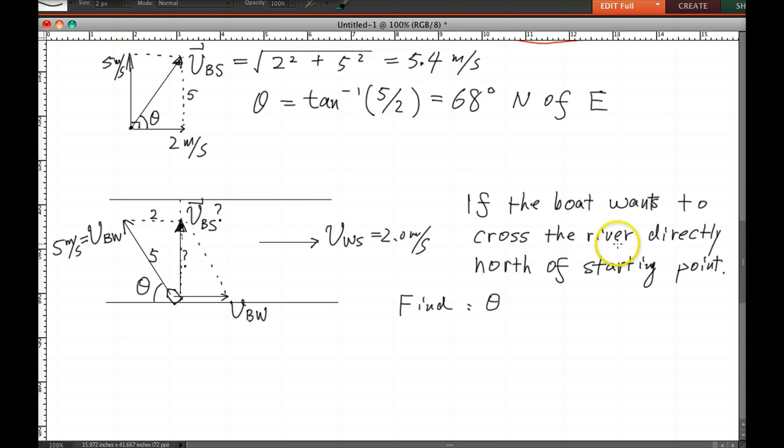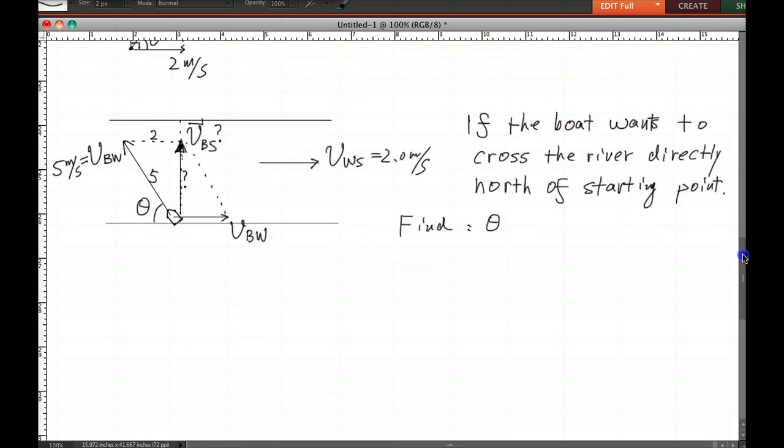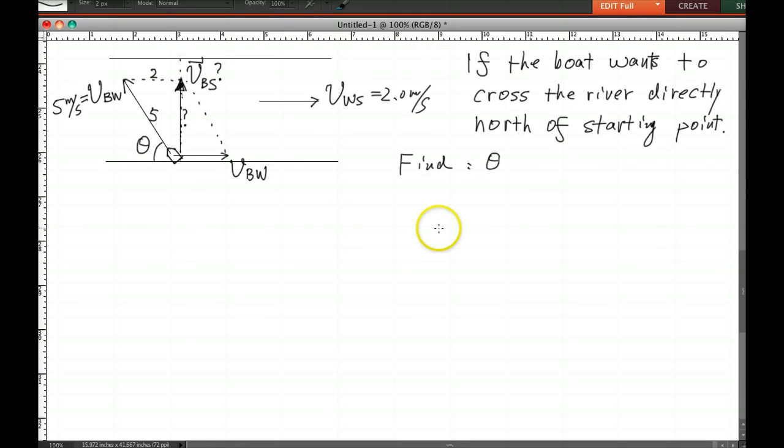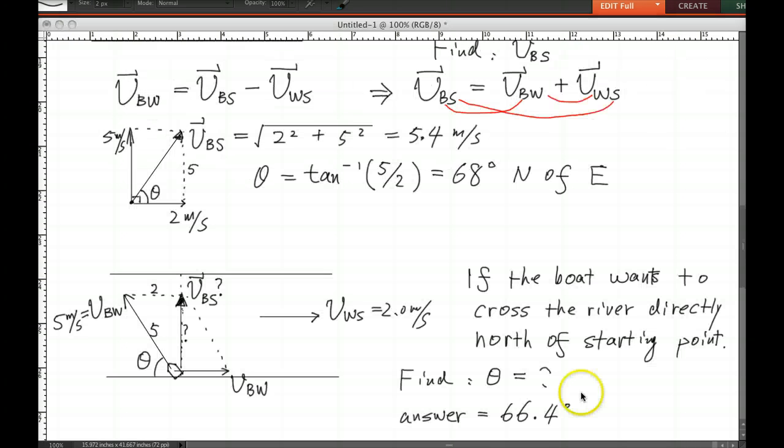Okay, that would be a very typical question, right? So I leave the question here and give you a couple of minutes to think about it. Okay, the answer is 66.4 degrees, and it should be north of west. Okay, it's not the same angle as the earlier question, because you can see the different triangle, right?